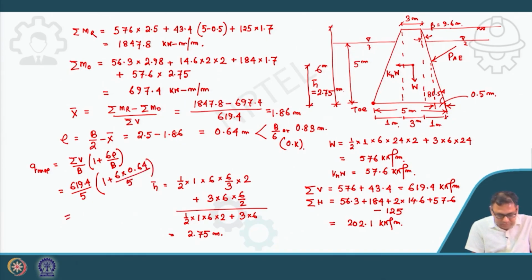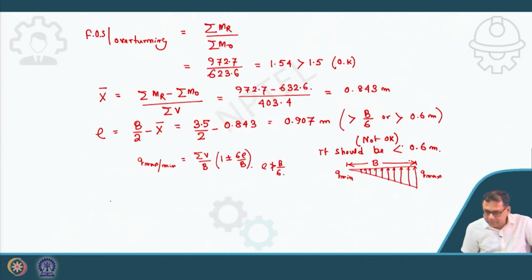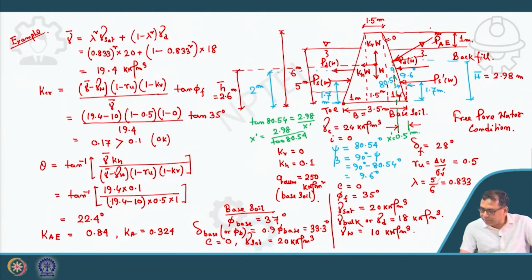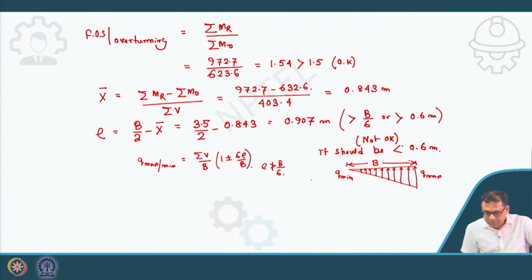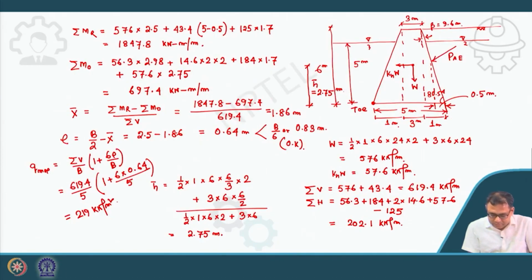So, this value is coming out to be 219 kilonewton per meter square, and our allowable value, Q allowable for the base soil, was 250 kilonewton per meter square. So, it is less than 250 kilonewton per meter square. So, okay, it is safe.